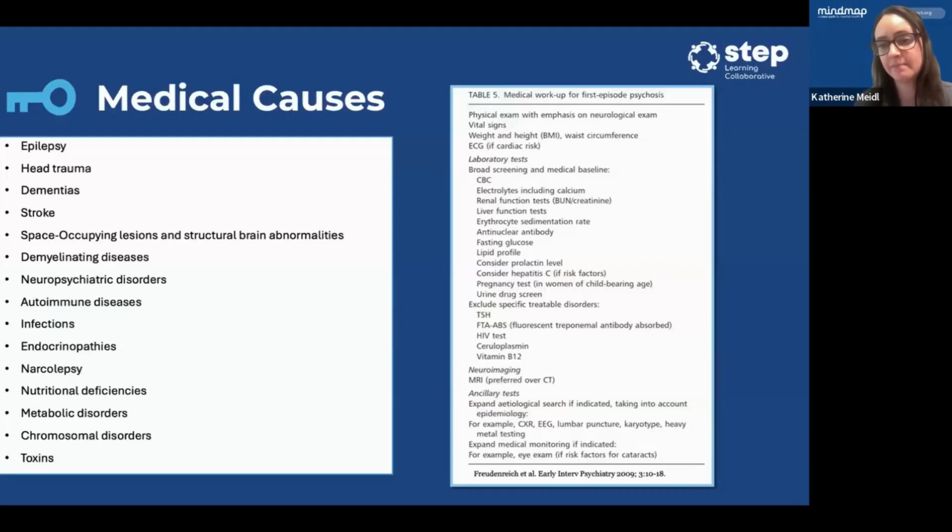Similarly, HIV testing. You can get a ceruloplasmin test if you're really worried about Wilson's disease, and then vitamin B12 or folate, checking for vitamin deficiencies.